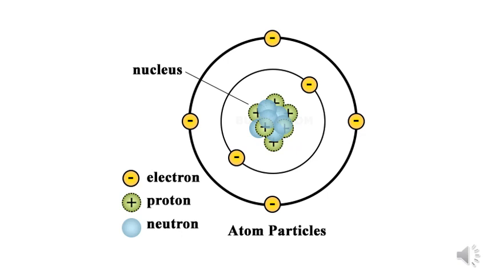We also said that these particles hold charges. The electron has a negative charge, the proton has a positive charge, while the neutron is neutral, which means it doesn't hold any charge.